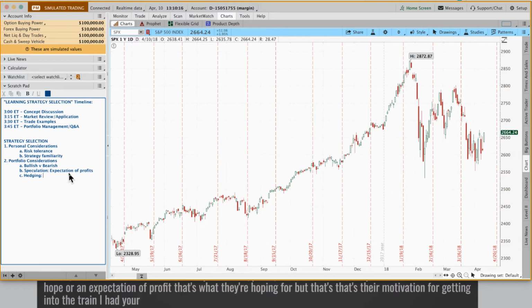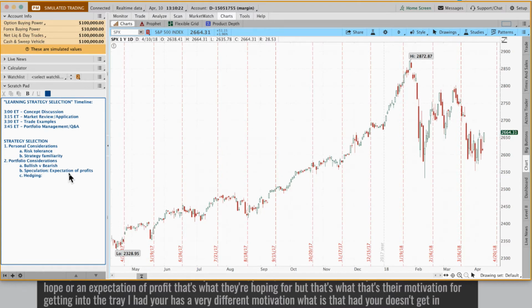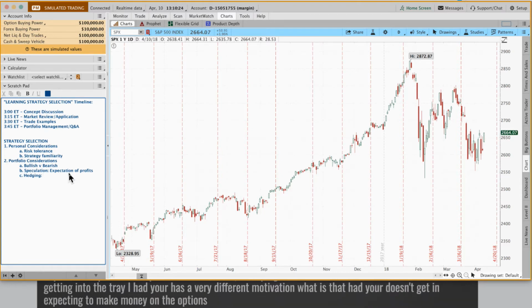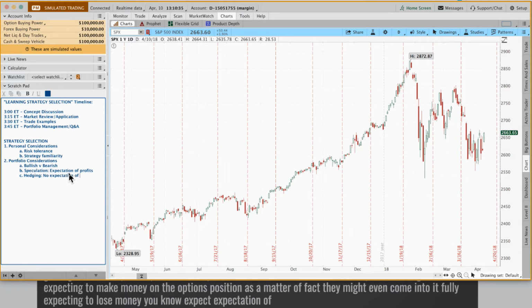A hedger has a very different motivation. What is that? A hedger doesn't get in expecting to make money on the options position. As a matter of fact, they might even come into it fully expecting to lose money. No expectation of profits from the options position.